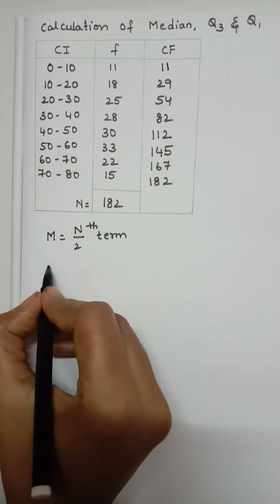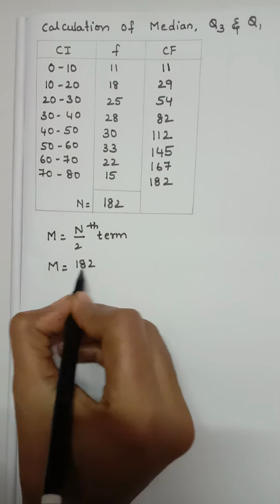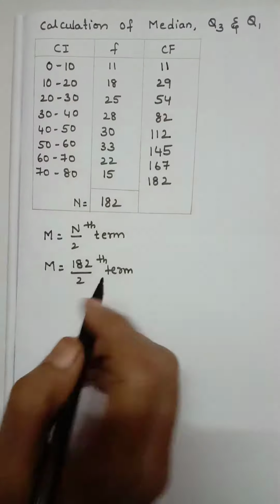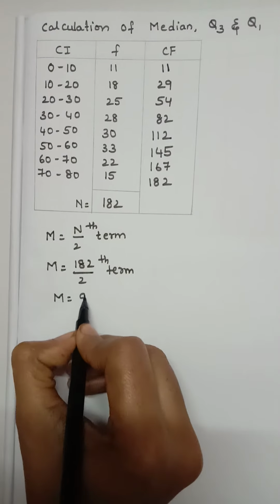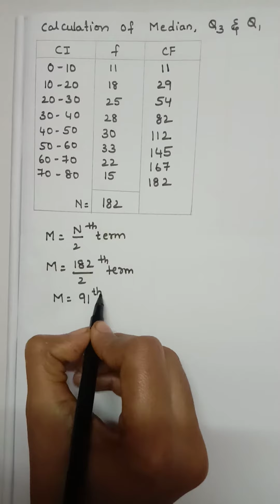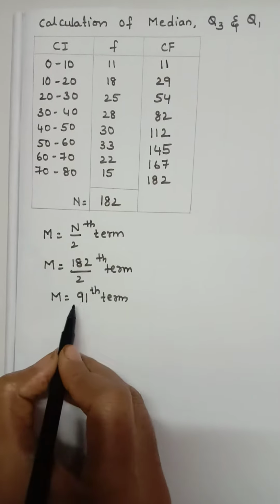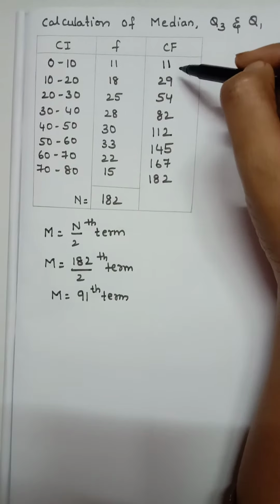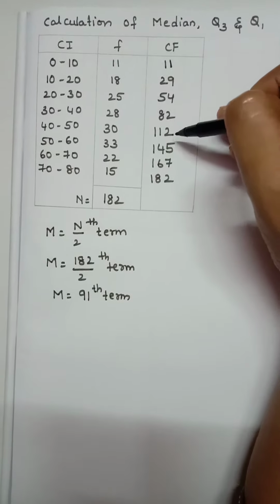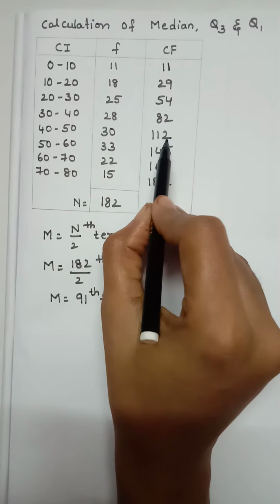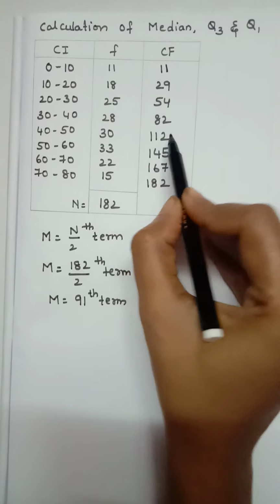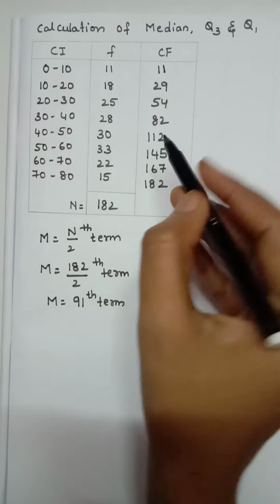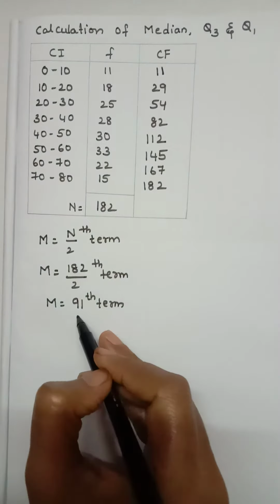So the n value is 182 divided by 2, M is equal to the 91st term. Here you need to check in the cumulative frequency in which number the 91 lies. Before 112 is 82, which is less than 91, so we should not consider it. In 112 the 91 is lying.